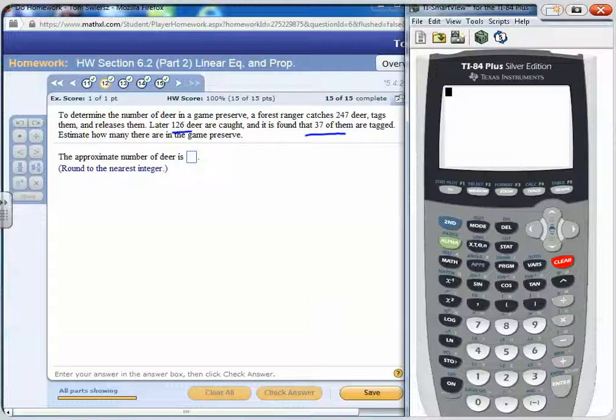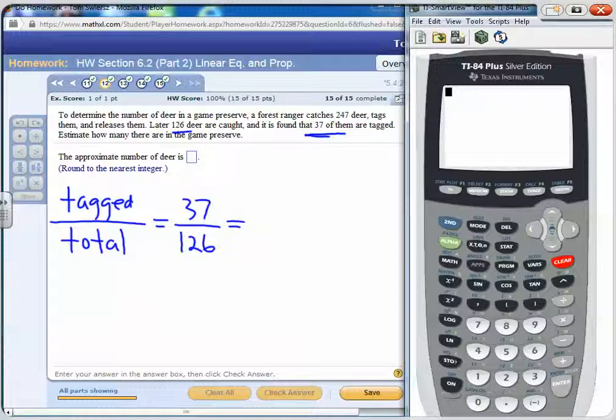So we want to get the total, and we know what we have tagged, right? So a ratio can be tagged over total. Okay, later, we have values for both. 37 are tagged from a total of 126.